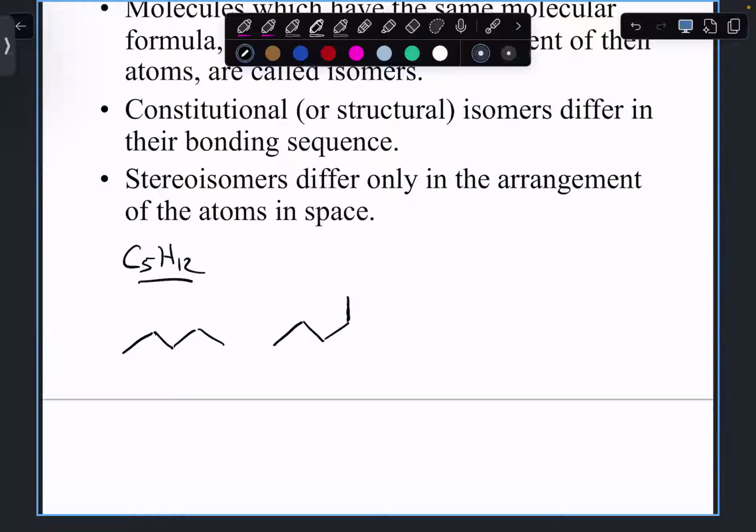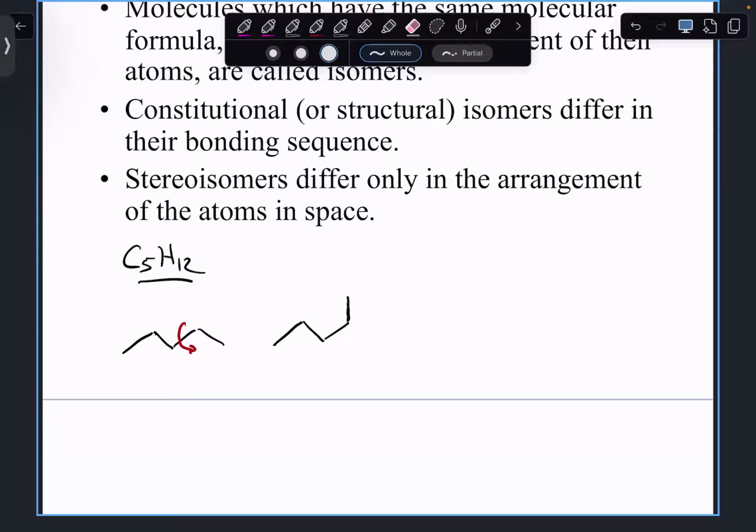CH3, CH2, CH2, CH2, CH3. Those have the exact same connection of atoms. So those are not different structures. The way I got from here to here was simply through a rotation of that bond. So they're different rotational states, but structurally they are identical.